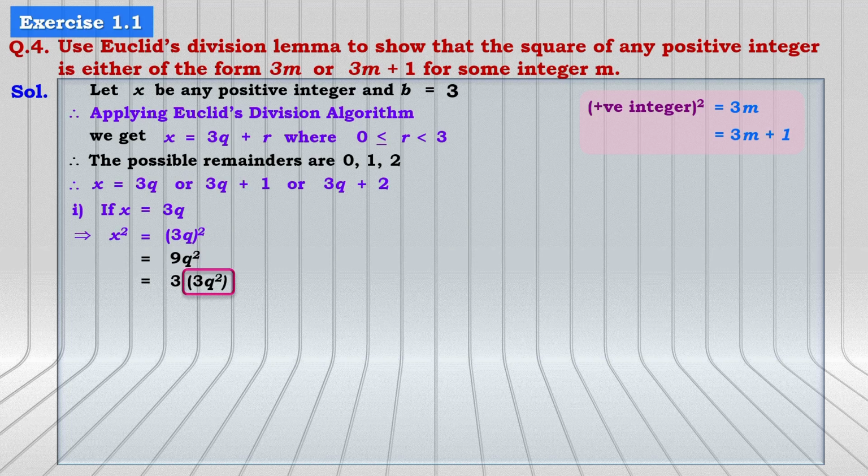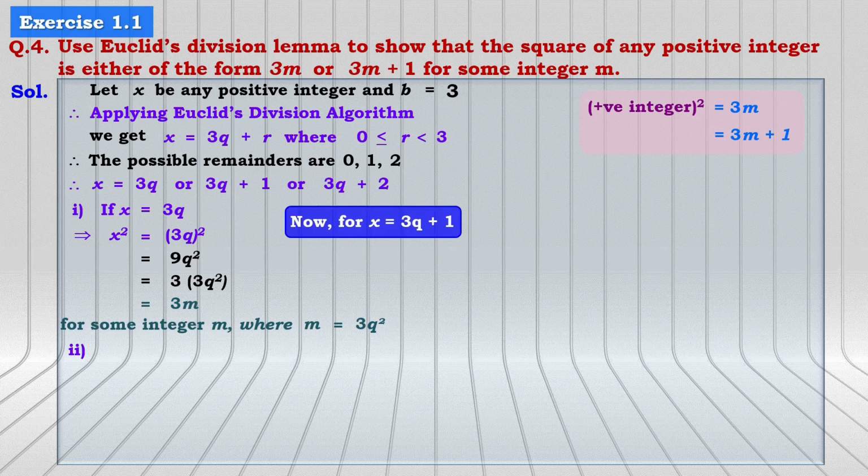So if we consider 3q square as m, then it is in the form of 3m. Okay. So one form we got, that x square is in the form of 3m, for some integer m, where m is equal to 3q square.